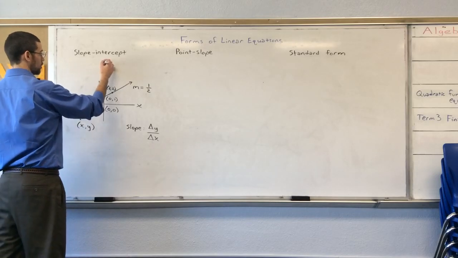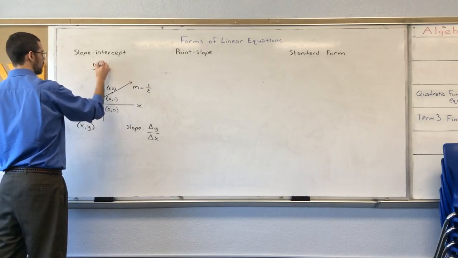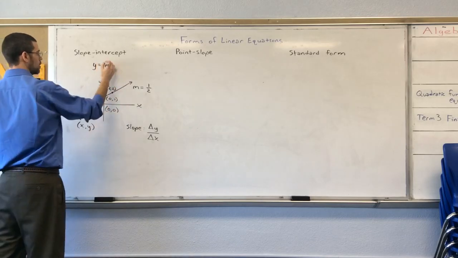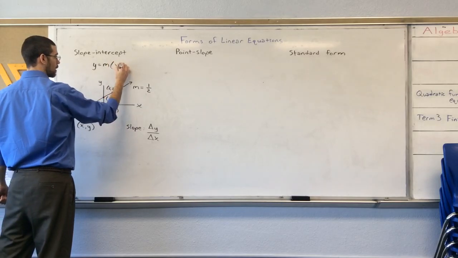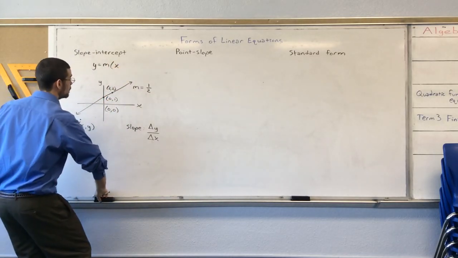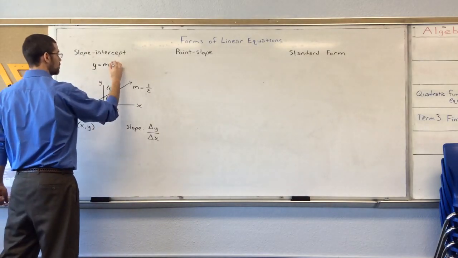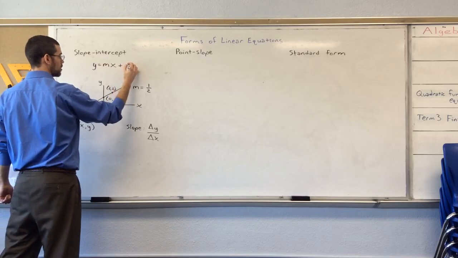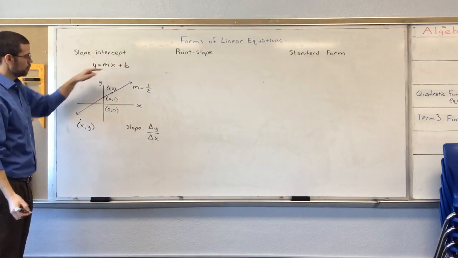So, in general, the slope-intercept form is this. Y, the variable y, equals slope times x, excuse me, we got big parentheses, slope times x plus the y-coordinate of our y-intercept, b.